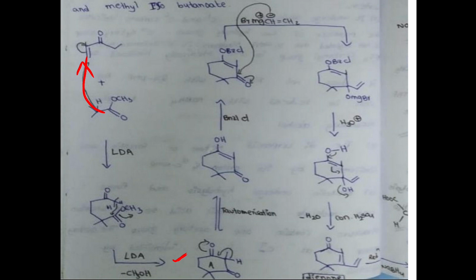This ring A, the cyclic diketone, on tautomerization is converted into the enol form. This enol contains a hydroxy group. This hydroxy group is a reactive group, so we must protect this hydroxy group.